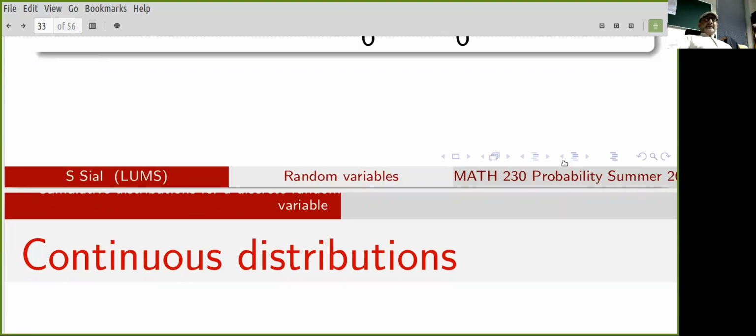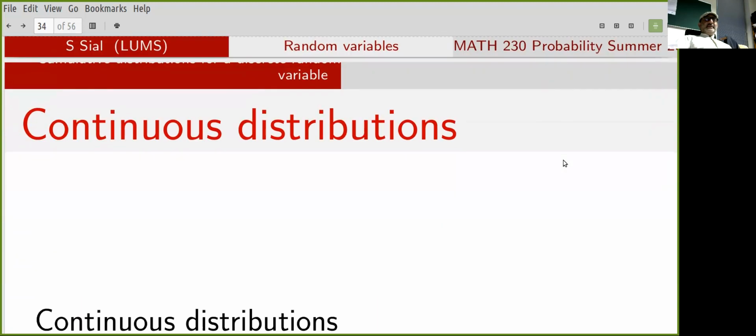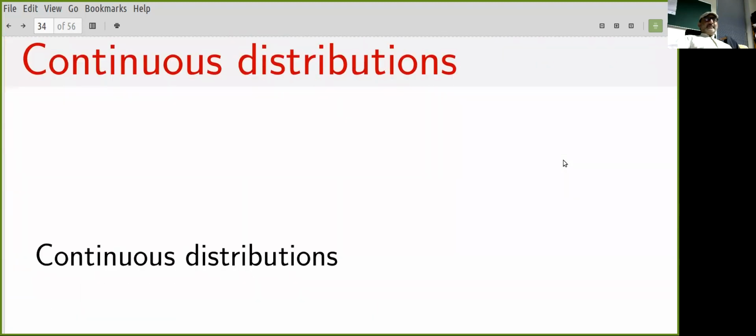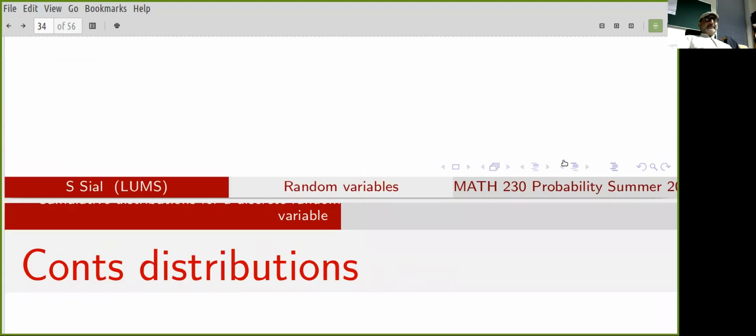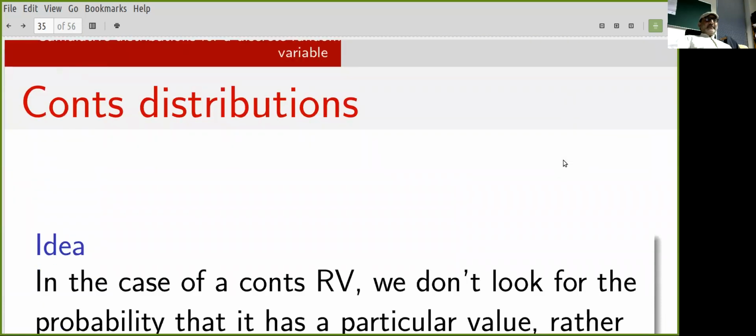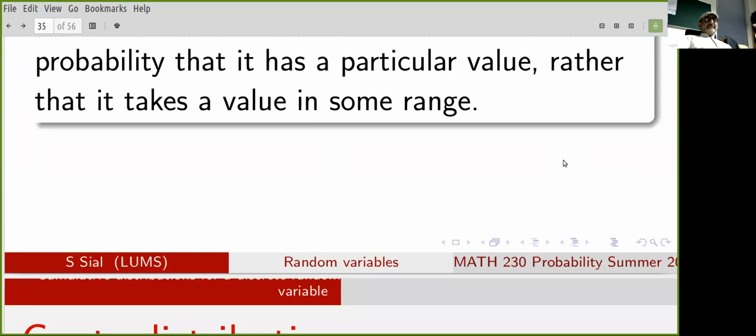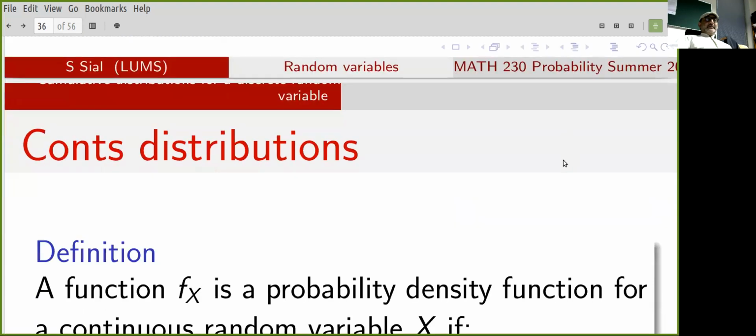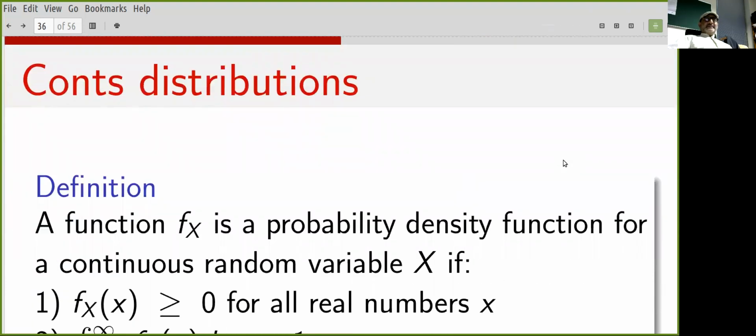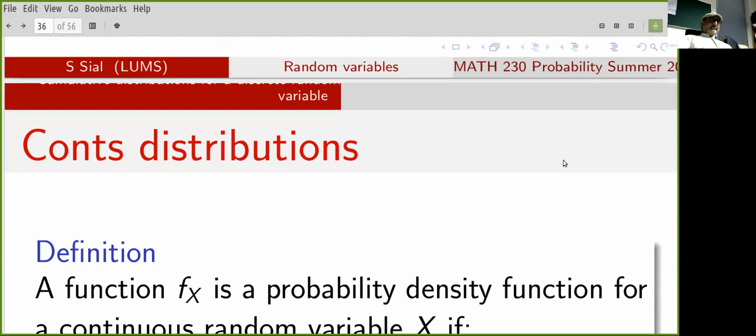Now for continuous distributions, we don't call it a probability mass function, we call it a probability distribution function. It does the same things for us, and we're going to replace sums with integrals.